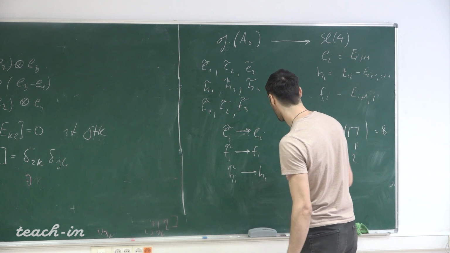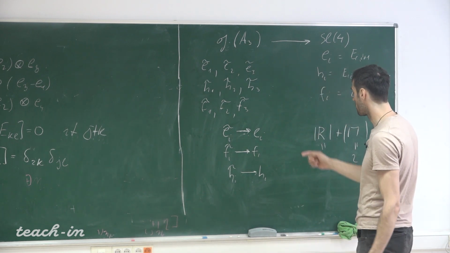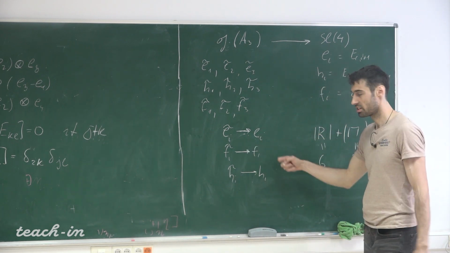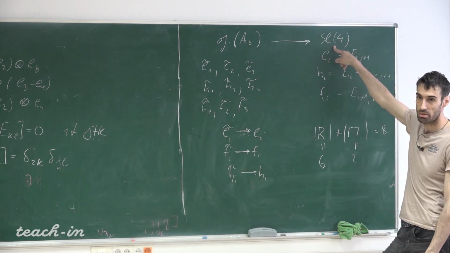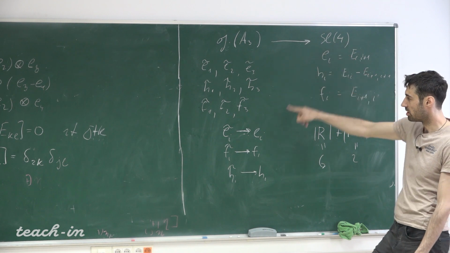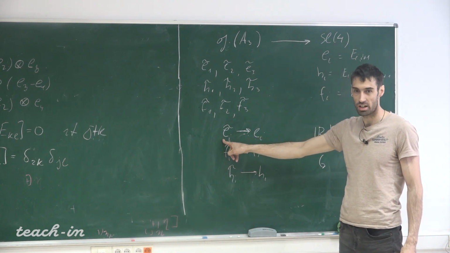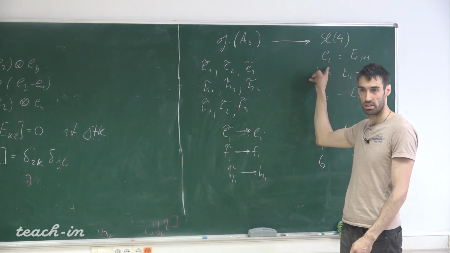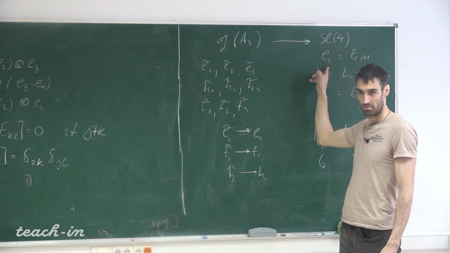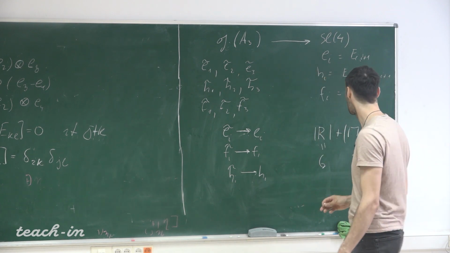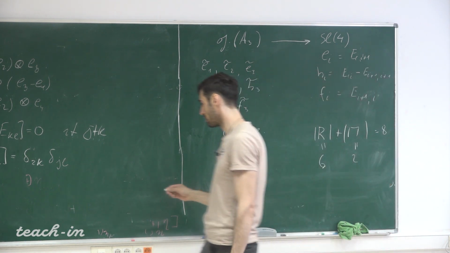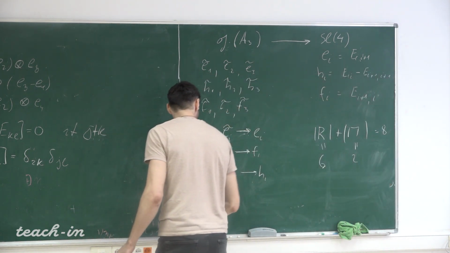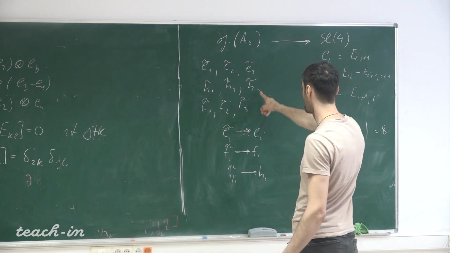So the idea is the following. Since I already know where I send my stuff, and I know already bases here, let me try to generate by E_i elements which correspond to bases. So bases in here, of course, the H's I already have.